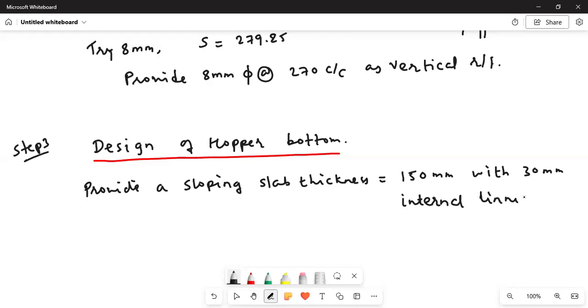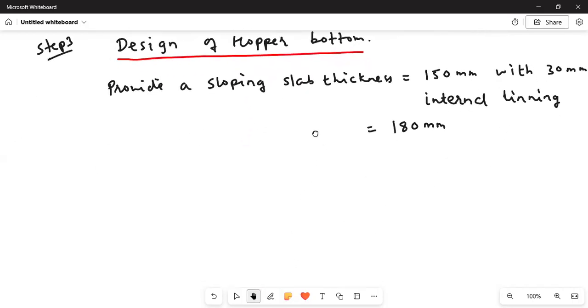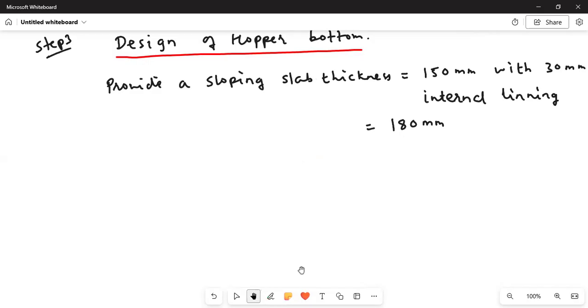A lining could be of any material; it depends on the usage of the storage devices. It can be concrete, RCC, or any material. Since you are providing lining here, the total thickness will be 180 mm.